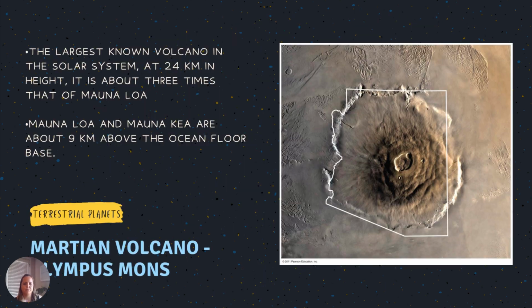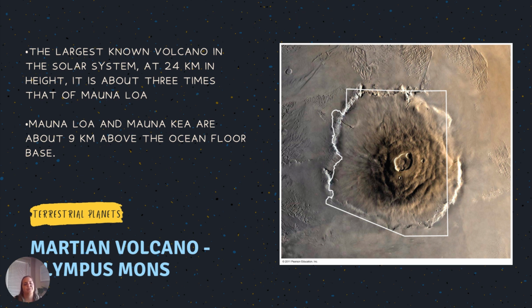So here is Olympus Mons in kind of like a satellite imagery. It's from a telescope. And so this is much larger than our Mauna Loa volcano, and Mauna Loa is one of the Hawaiian volcanoes. And Mauna Loa and Mauna Kea are the largest two volcanoes on Earth as far as their volume.